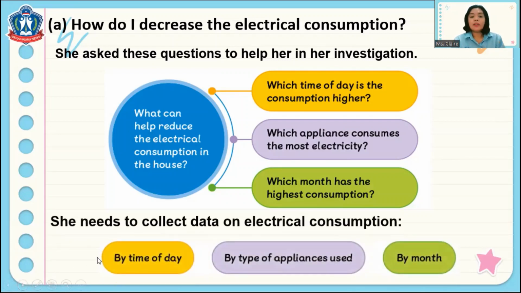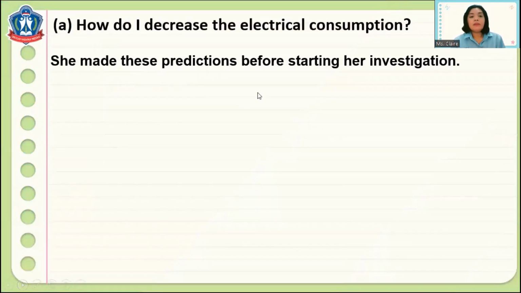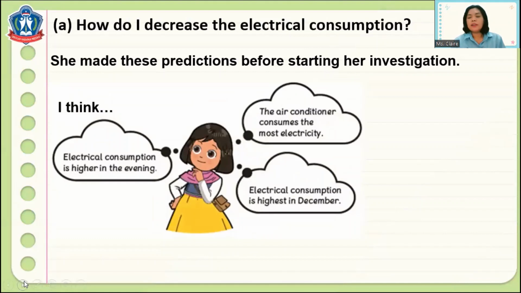Next, she needs to collect the data on electrical consumption by time of the day, the kinds of appliances, and by month. Next, she made these predictions before starting her investigation. She was thinking that electrical consumption is higher in the evening, maybe because most of the people in her family gather in the evening, right?